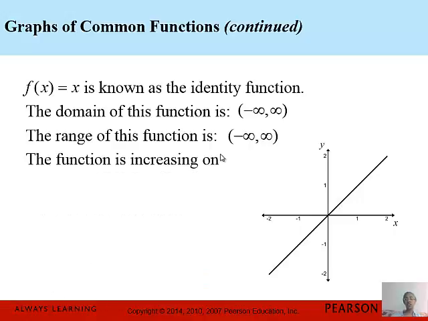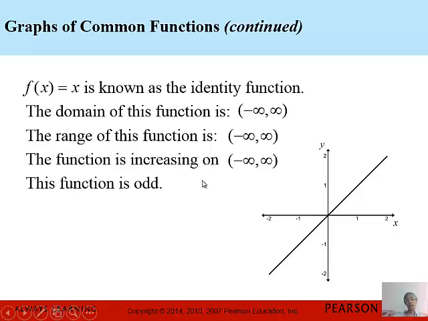The function is increasing on the interval of all real numbers. So in other words, the function is always increasing. The function is odd. So notice what you see in quadrant 1, the mirror image of that is in quadrant 3. So you have symmetry with respect to the origin.